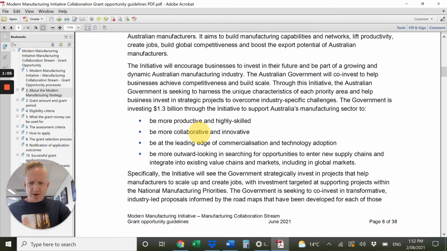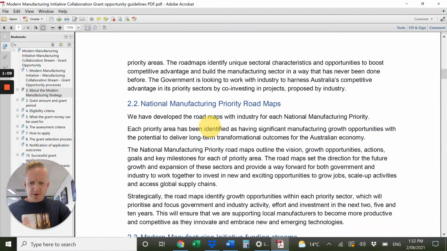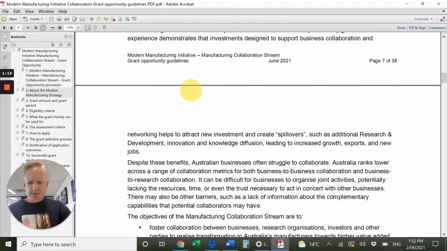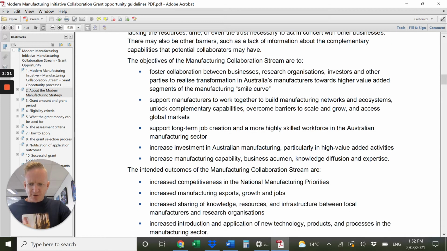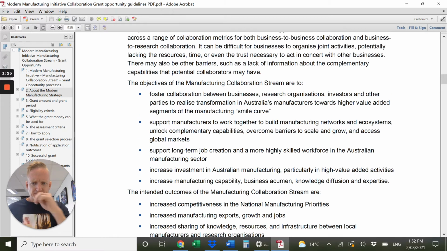So you're going to be more productive, collaborative, leading edge, but the ones you want to grab are, scrolling down, the objectives. So you've got 1, 2, 3, 4, 5 objectives, and then you've got probably another 4 in the outcomes. So I would title it, to foster collaboration.